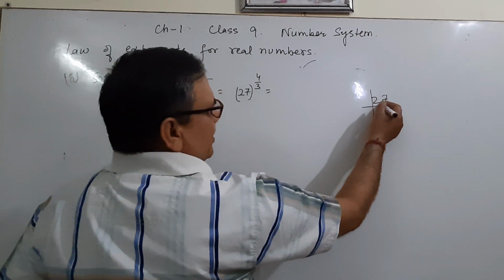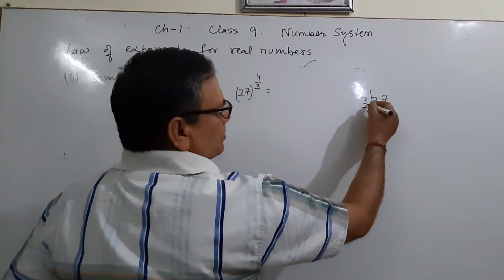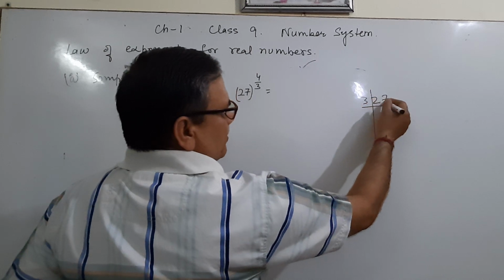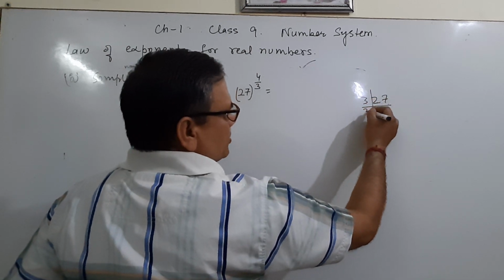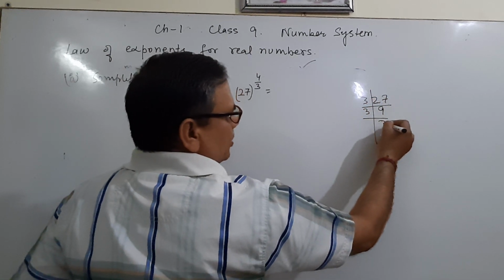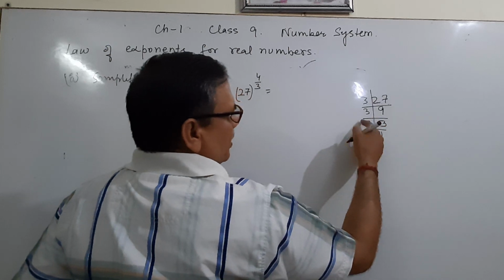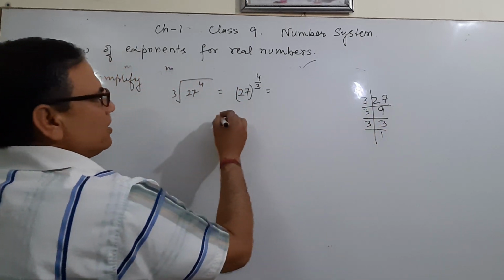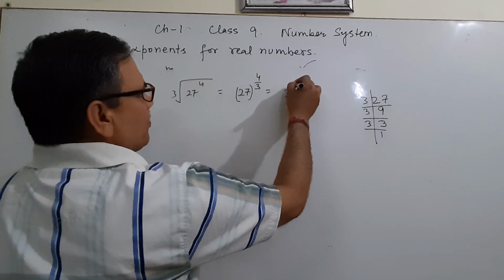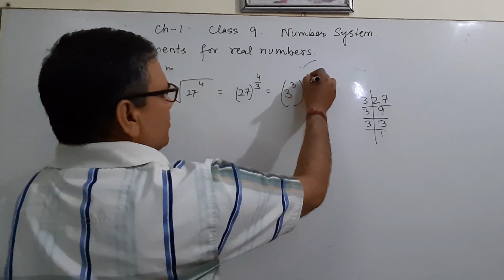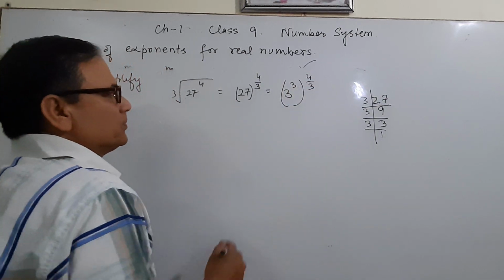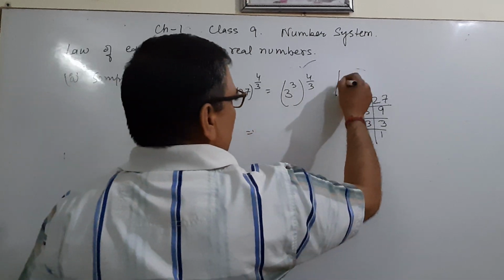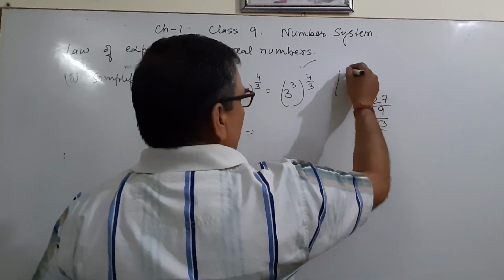27 divisible by 2? No. 3. 27, how many times? 9 times. Here is 3. What will be the answer? 3. 1, 2, 3 means 27. We can write 3 whole power 3 into 4 upon 3. And now we have to apply which formula? x power m whole power n.